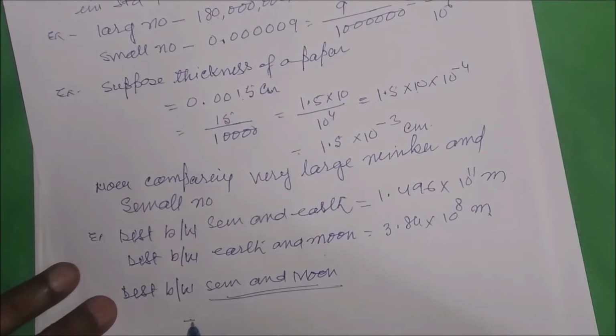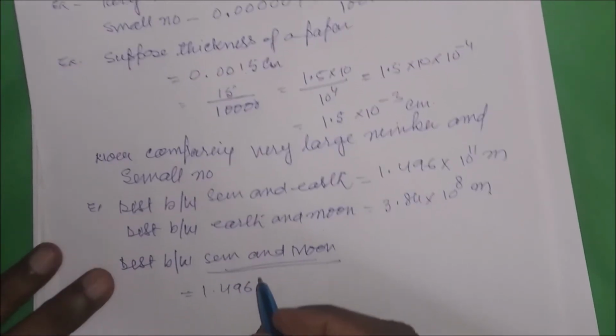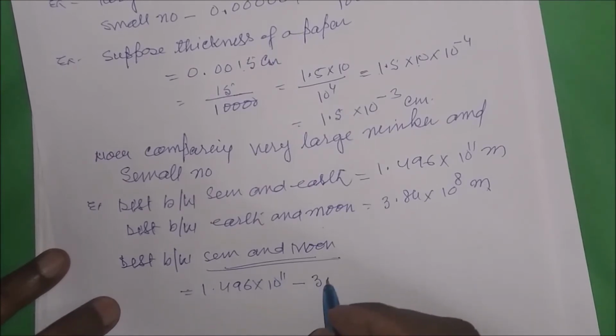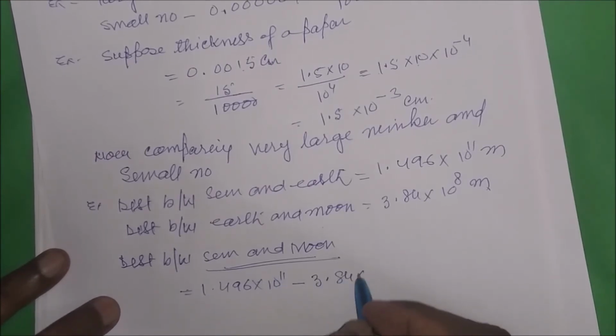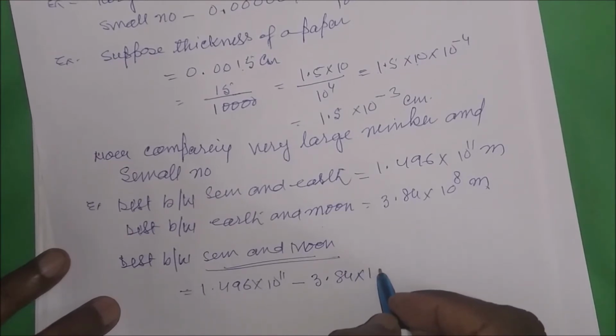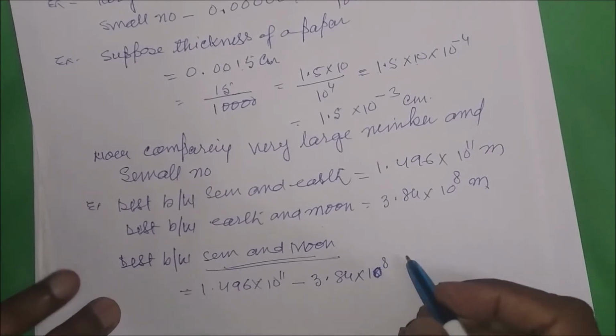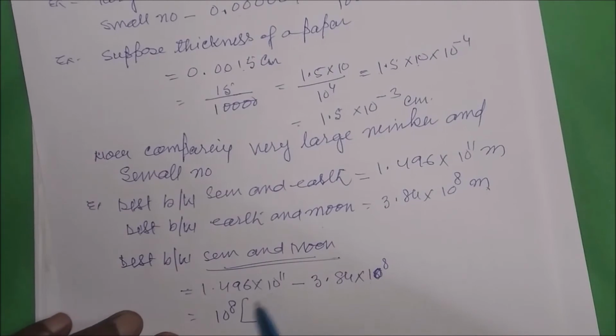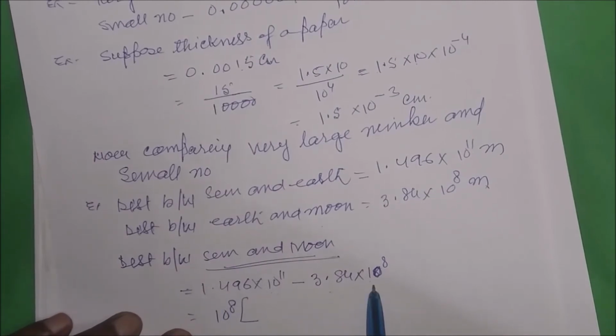We can write here 1.496 into 10 to the power 11 minus 3.84 into 10 to the power 8. Right? Now in this, 10 to the power 8 and 10 to the power 11, we can take 10 to the power 8 common. It belongs to this one also and to this one.